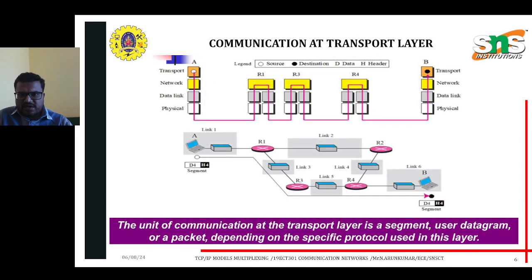Communication at the transport layer. We have already studied that there are two models present in the transport layer, TCP and UDP. TCP is preferred over UDP for its faster security and data transmission rate, but we can use both models here. The data are forwarded to the next medium by user datagram, segment or packet depending on the specific protocol used in the layers.